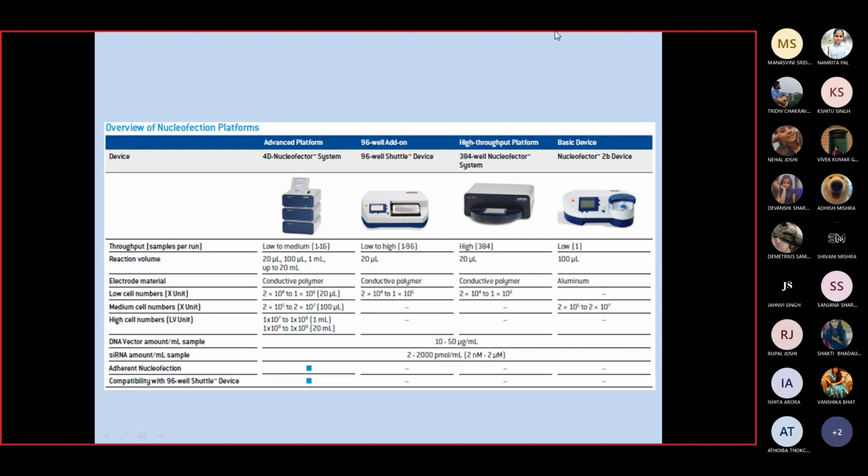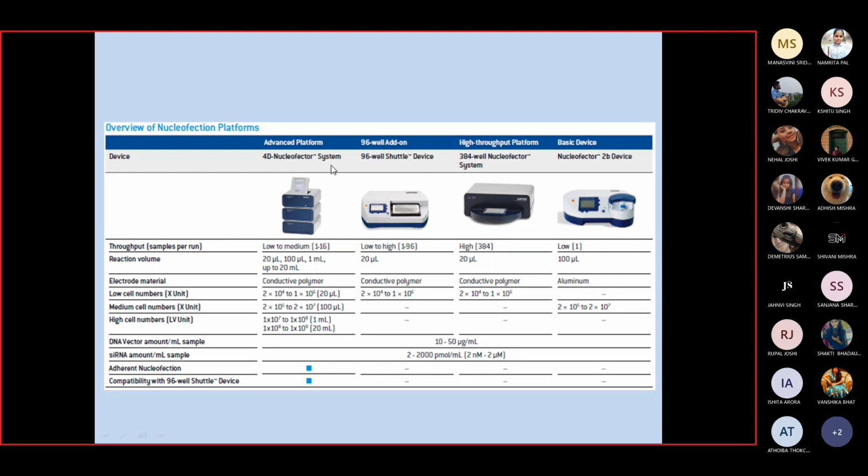These are the different modules that are available for nucleofection. So this is a commercially available device. When we talk about DEAE Dextran or any of those technologies, they may not be such hi-fi, but they work very well. So it depends on what your purpose is.